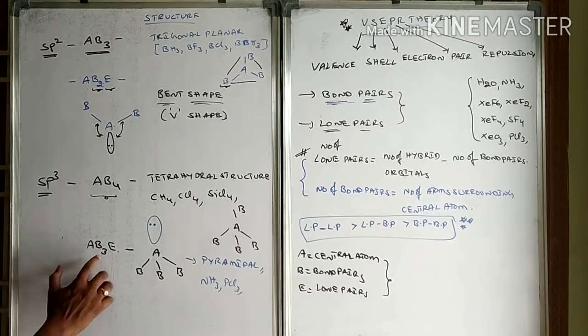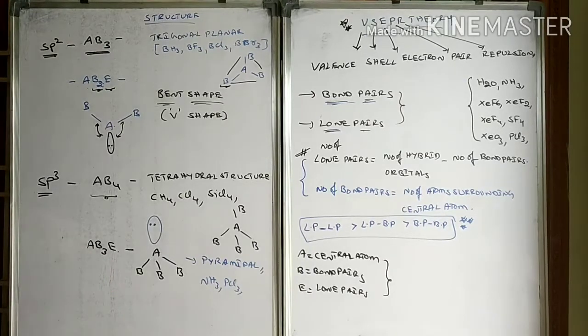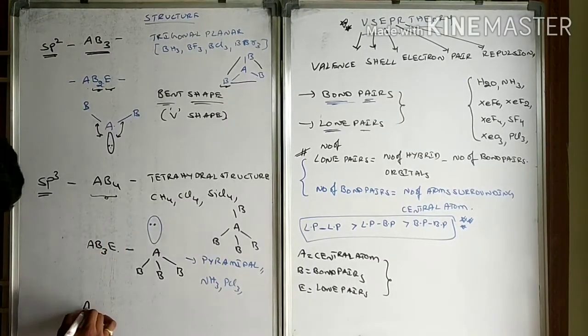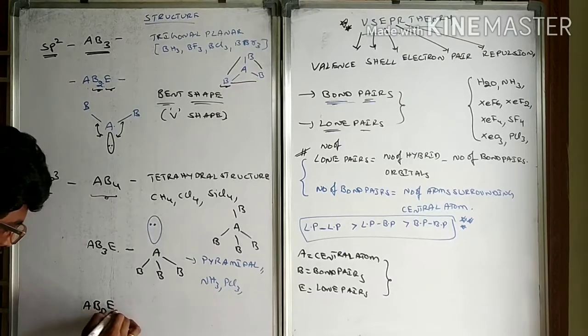Here in place of another bond pair we will substitute one more lone pair. So it will become AB2E2.